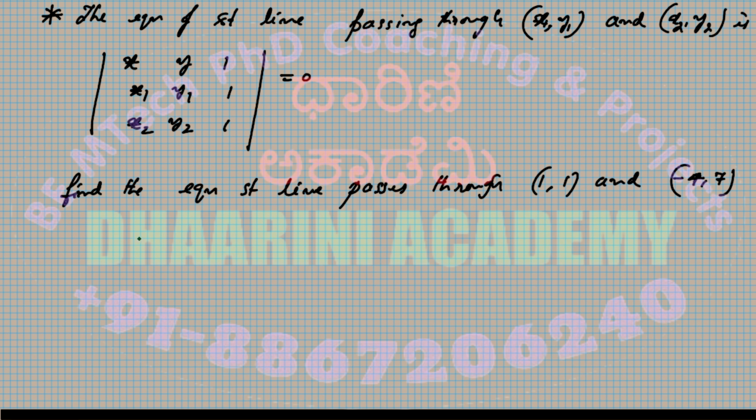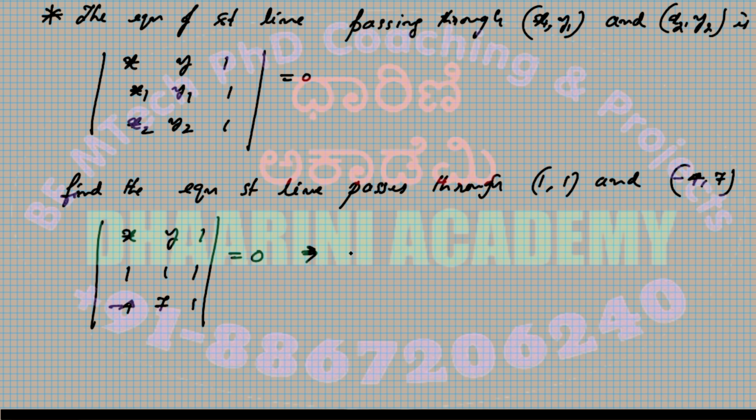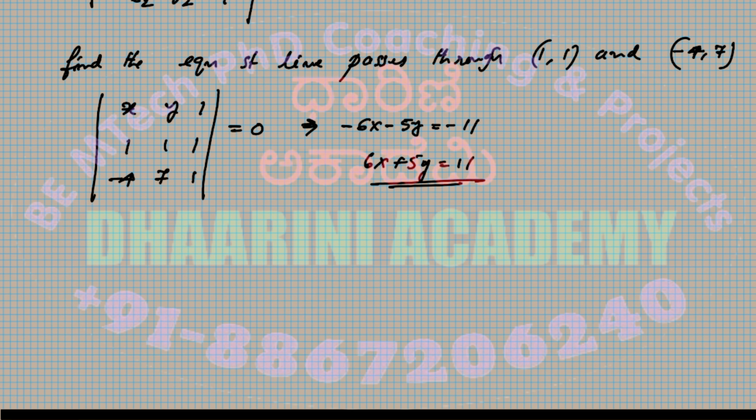So you have to solve the determinant x, y, 1, 1, 1, 1, minus 4, 7, 1, and equate this to 0. So the answer is minus 6x minus 5y minus 11. So all the terms are negative. You can cancel to write 6x plus 5y equal to 11. That's how we can solve. Moving ahead.